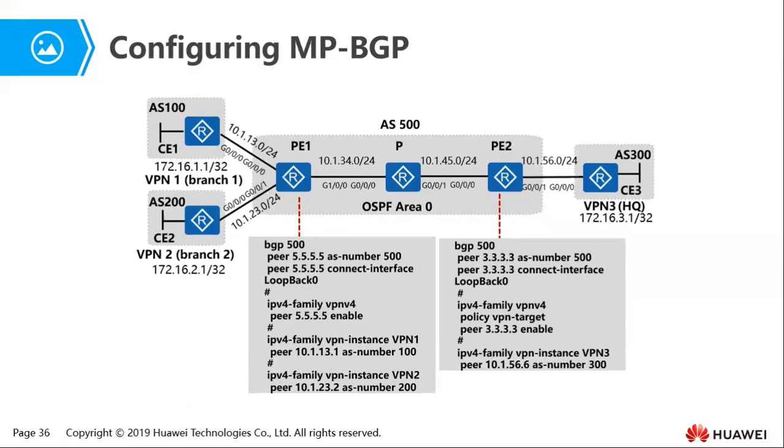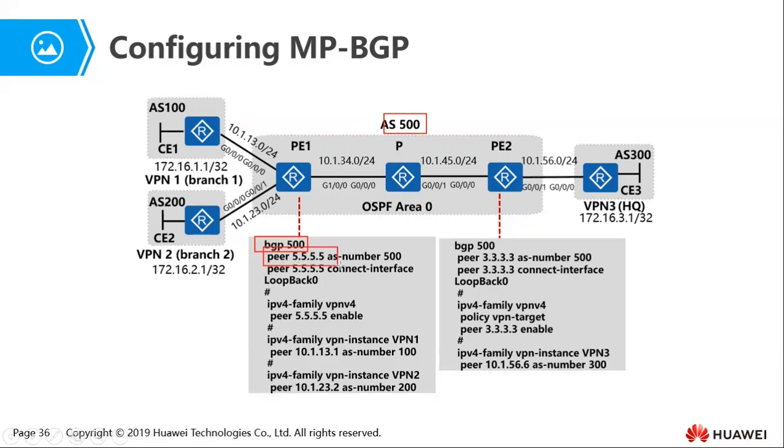After configuring the VPN instances, the next thing we have to do is to configure the MP-BGP. Remember, the MP-BGP is the one that enables the sharing of the VPNv4 routes to the PE devices. To do that, we do BGP 500 because we are on AS 500.